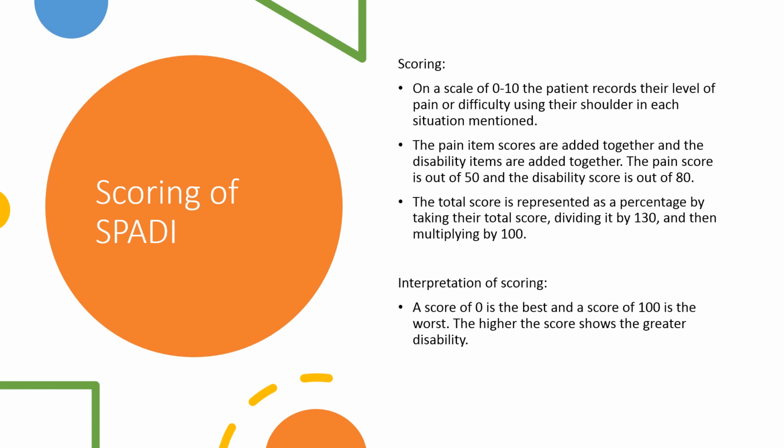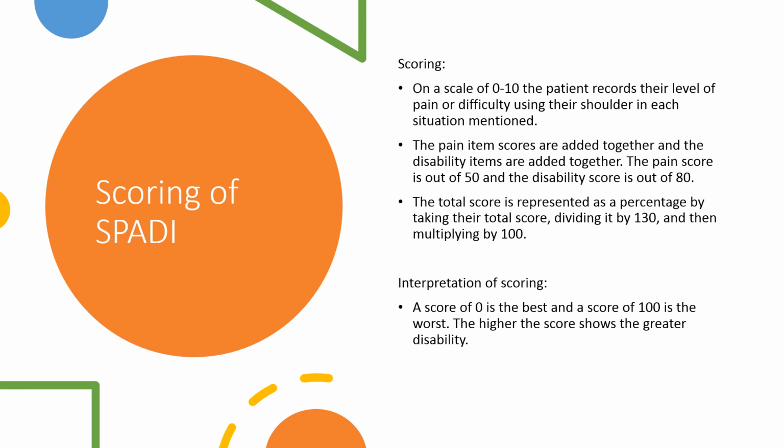So they're going to get 5 questions that are related to their pain levels for a total of 50 points related to pain. And then they'll get 8 more questions that are based on their functional level and their disability. Those 8 questions will give them a total of 80 possible points.